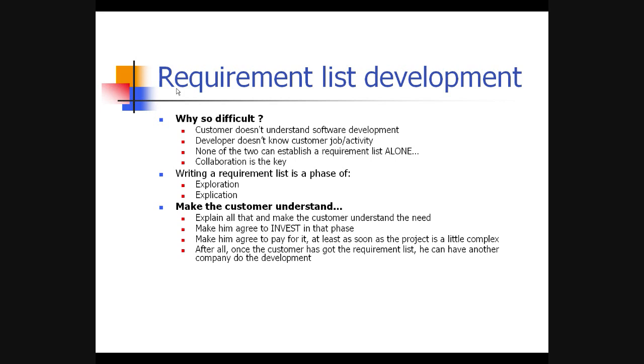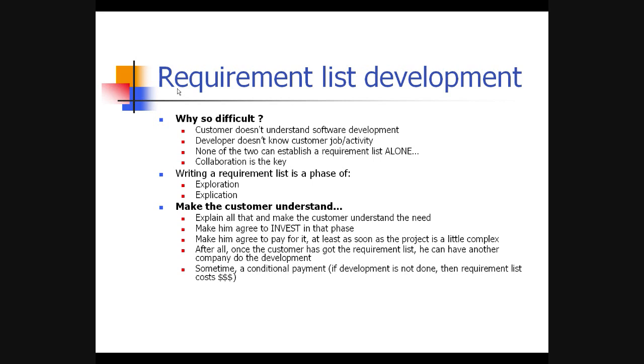So a thing that you can do is to have a contract with the customer for the requirement list that says, okay, if the price that is in the requirement list is accepted by the customer and the development is done by our company, then the requirement list by itself is free.